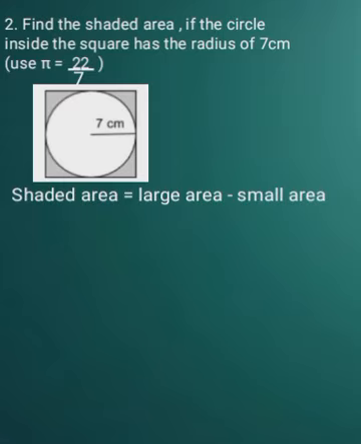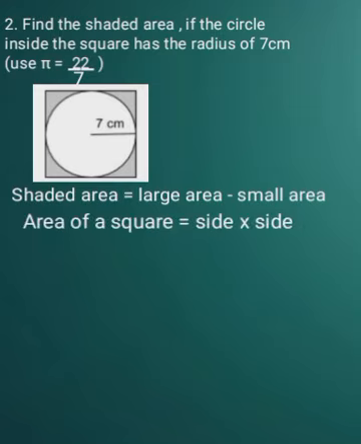The area of a square is simple to find. Remember the formula: area of a square equals side times side. So this side has got 14, simply because the distance from here up to here is 7.